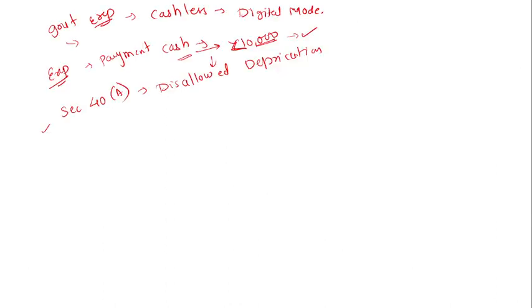Understood? Another important piece of information related to this question is about buildings. In case of a residential building, the rate of depreciation allowed is 5%.